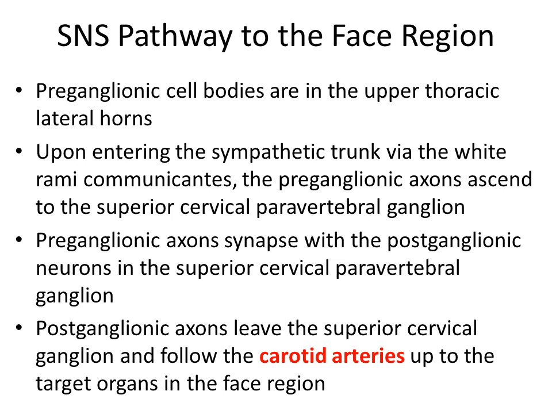Here they will synapse with the postganglionic neuron. And the postganglionic neuron is going to leave the sympathetic trunk to follow the common carotid artery and its branches up to the target organs in the face region.